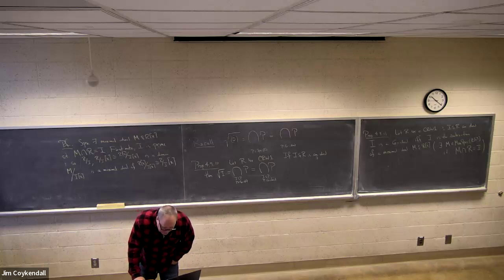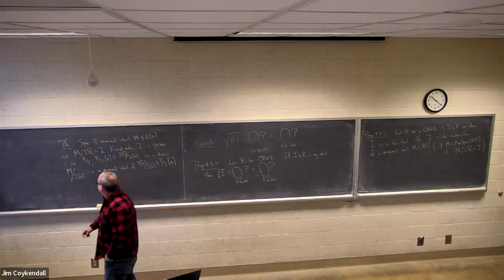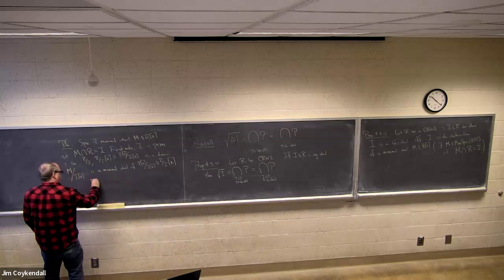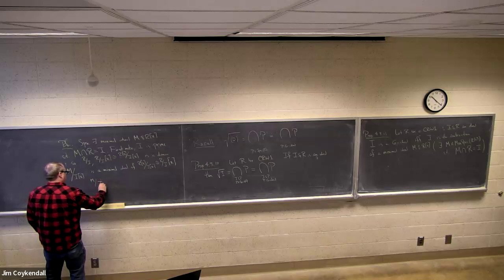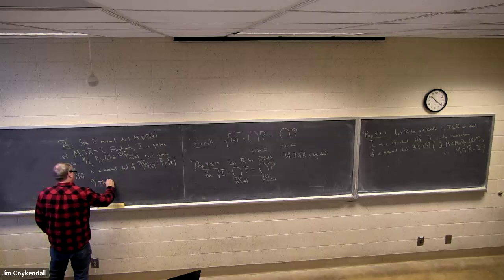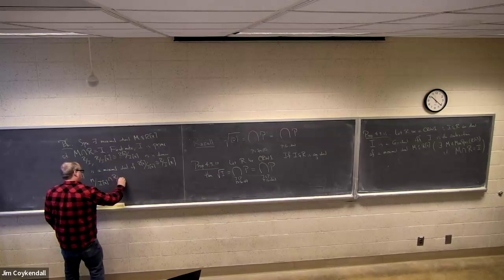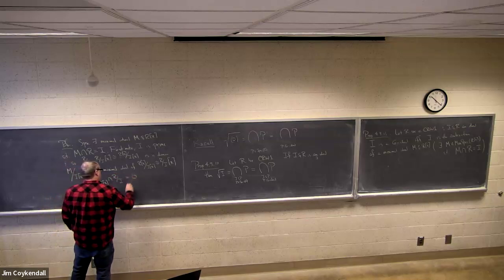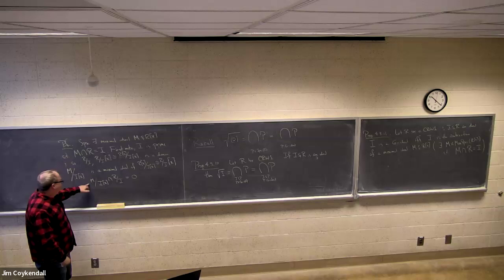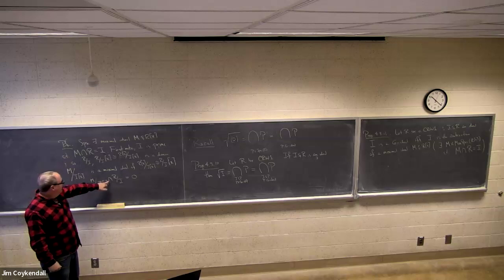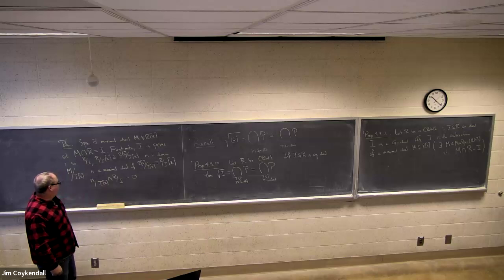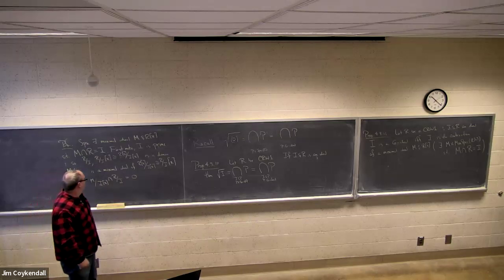And notice that M mod I[x] intersect R mod I has to be 0, right?